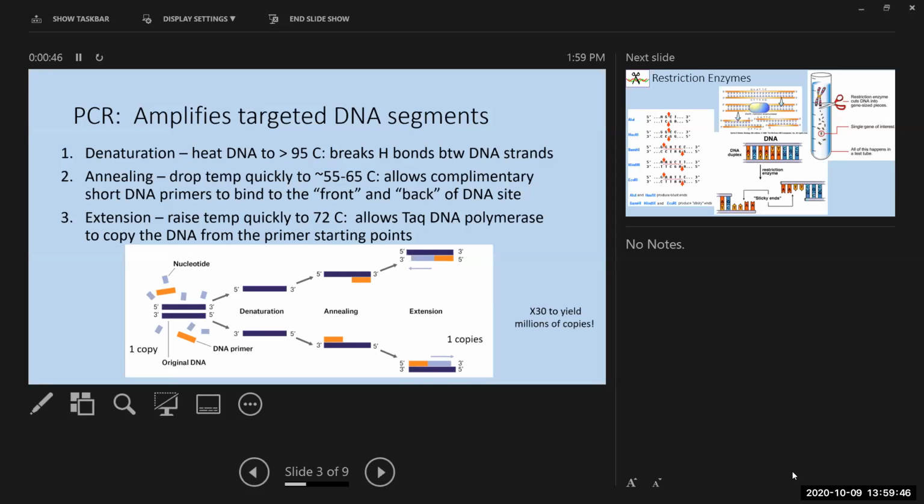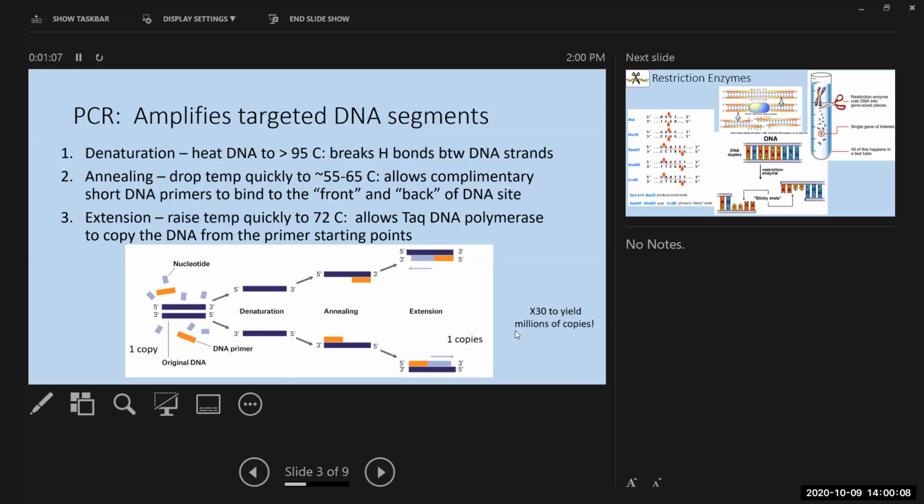PCR amplifies very specific DNA segments. It's a pretty amazing system, like a photocopy machine for genes. It allows us to start off with a very small amount of material and amplify it so that we have millions to billions of copies after just a few hours.